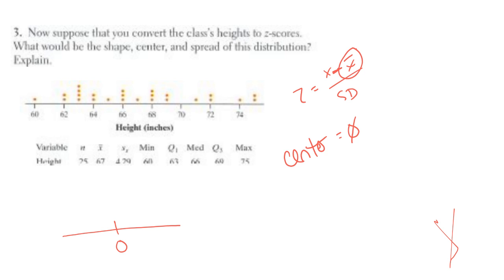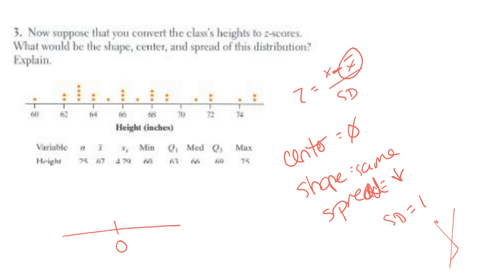My shape is going to stay the same because it always stays the same. And my spread should decrease because I divided by the standard deviation. So my spread should go down, and my standard deviation is going to become 1.